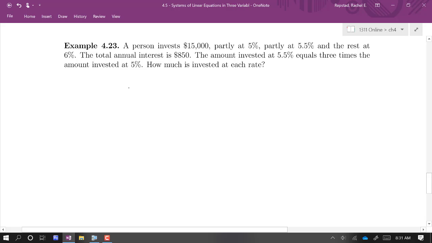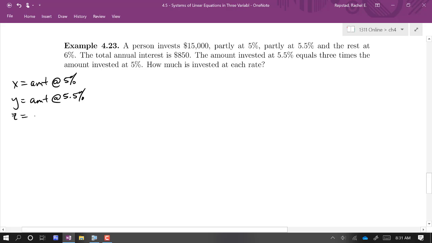So there's a lump sum. We've got this chunk of $15,000, but we're kind of splitting that up into 3 chunks. So we can let X be the amount invested at 5%. Y can be the amount that is invested at 5.5%.